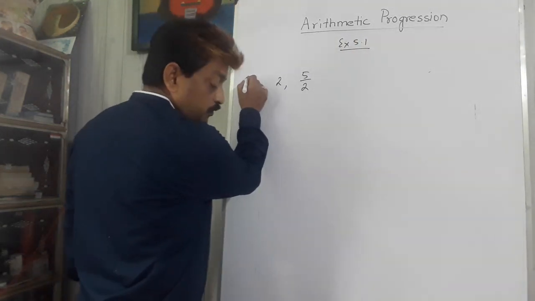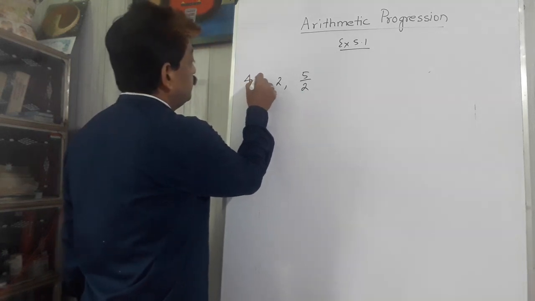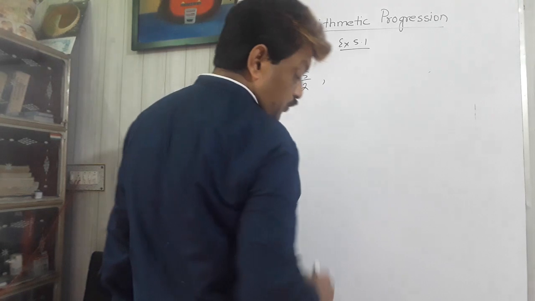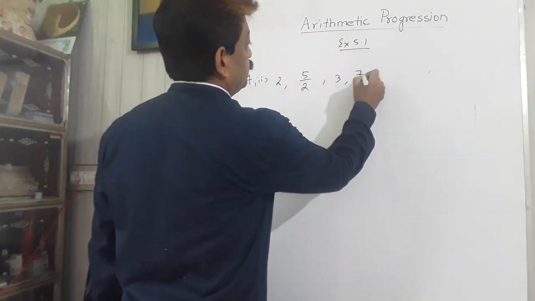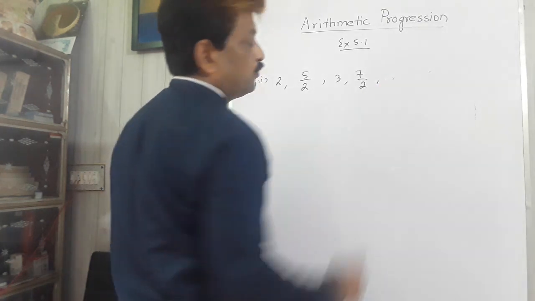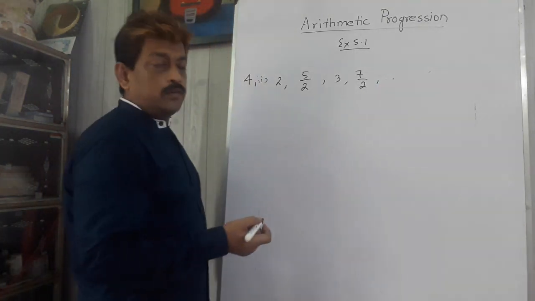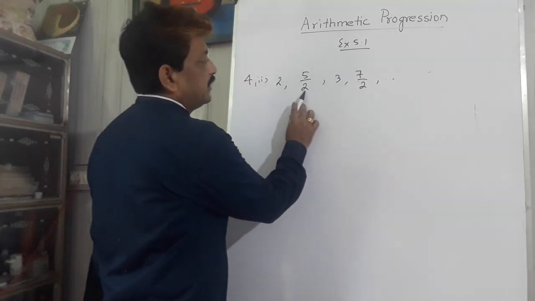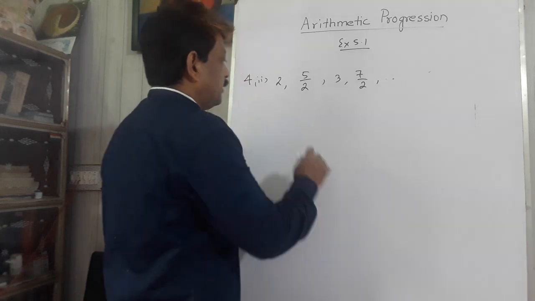This is question number 4, Roman 2. The series is 2, 5 upon 2, 3, 7 upon 2, and so on. We have to check whether it is an AP or not. As we know, this is the first term, second term, third term, and fourth term, and it is continuing.